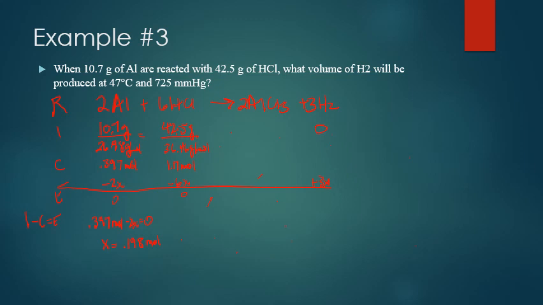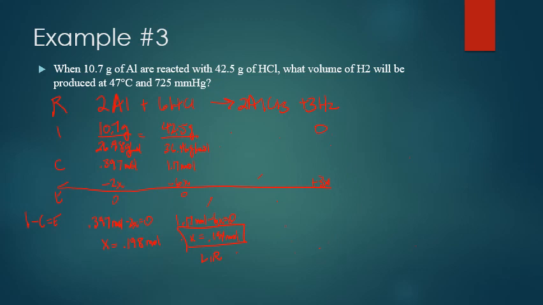And for this equation on the hydrochloric acid, I have 1.17 minus 6x equals 0. So in this case, my x would be equal to 0.194 moles. So the hydrochloric acid, that would in this case be my limiting reactant.